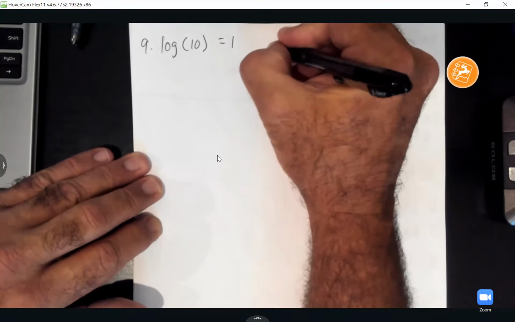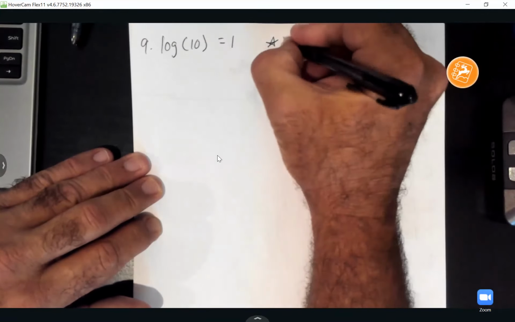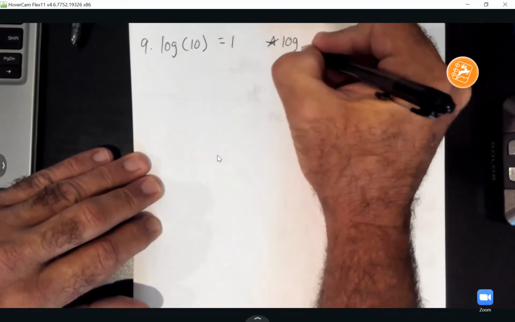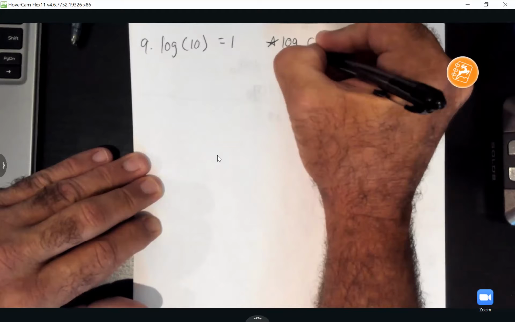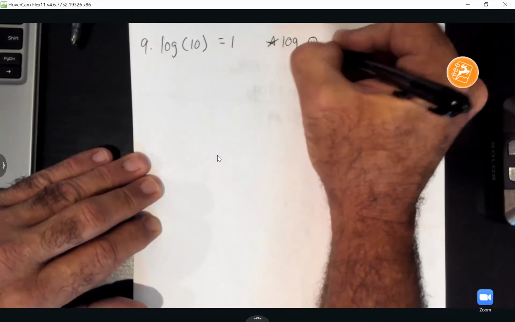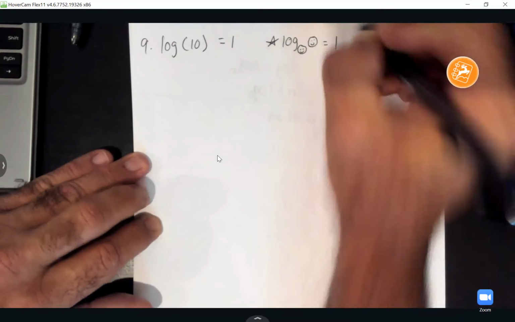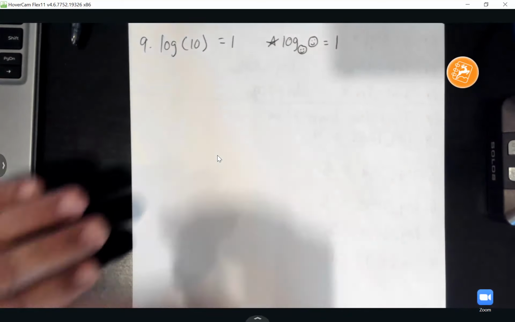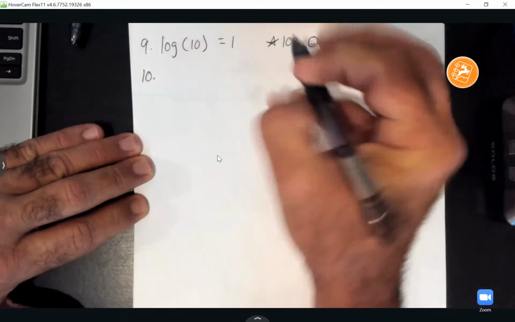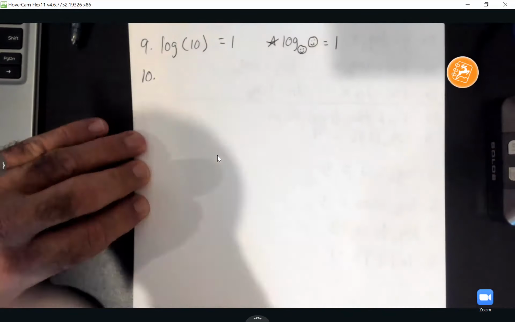Actually, there's a little property on this that says the log of any base that matches the result equals 1. So the log base smiley face with a resultant smiley face equals 1, okay? So if those two match, it's always going to equal 1 for us.